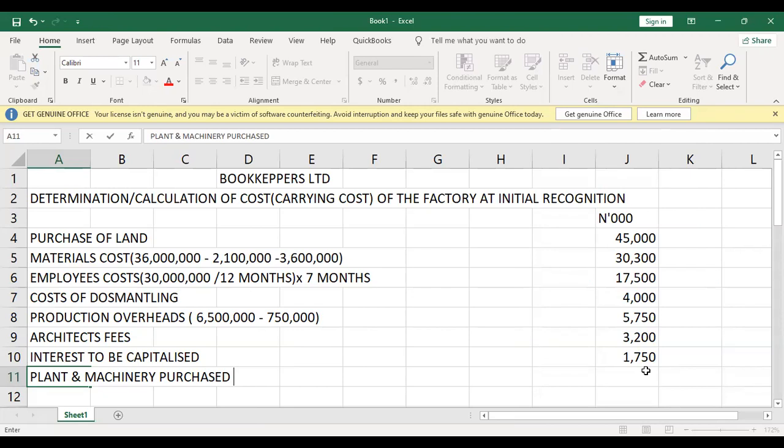So plants and machinery purchased is going to be included because it is used in the building. And we've said that a factory is a place where manufacturing takes place. So plant and machinery is what is going to be used for production in the building. That is why it is included.